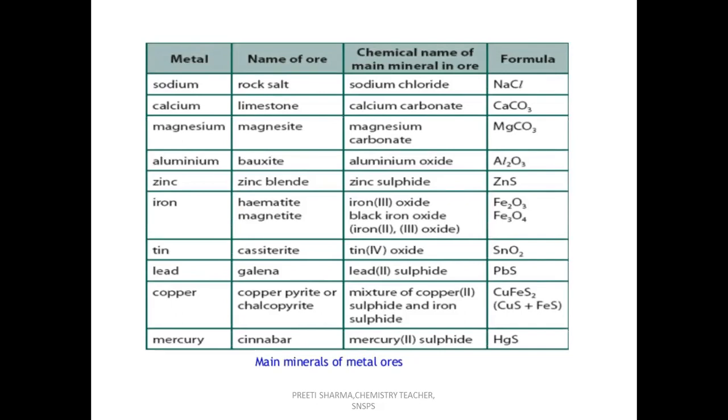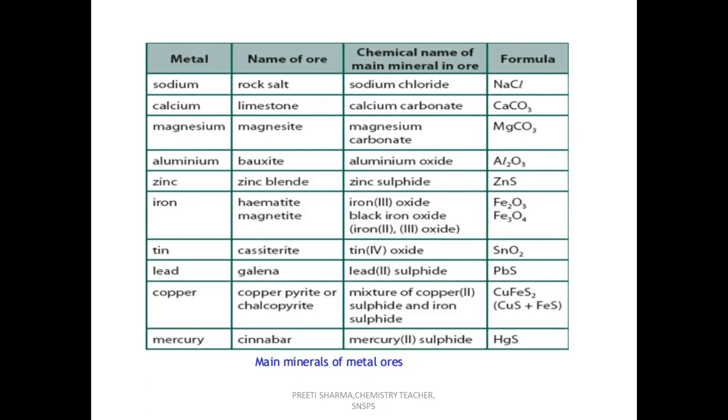Magnesium exists in magnesite, magnesium carbonate, we can say. Aluminium ore is bauxite. The formula is Al2O3, or we can say aluminium oxide. This is a chemical name and this is the name of the ore. Zinc in the form of zinc blende. Iron may be magnetite or hematite. Tin, tin oxide.